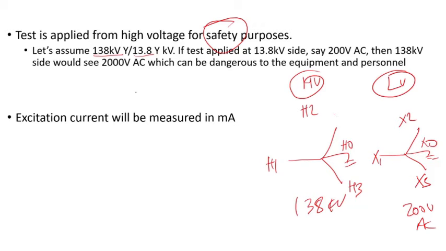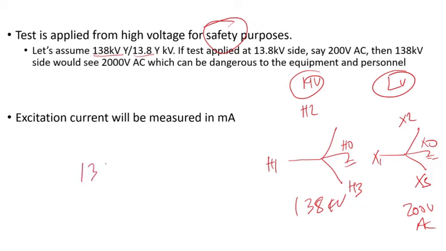Then the 138 side would see, because you know the ratio, if you take 138, in this case we don't have to worry about converting to line to neutral because both are grounded Y, and so the two voltages are line to line, so it doesn't matter in this case. So if you take 138 divided by 13.8, that's a ratio of 10.